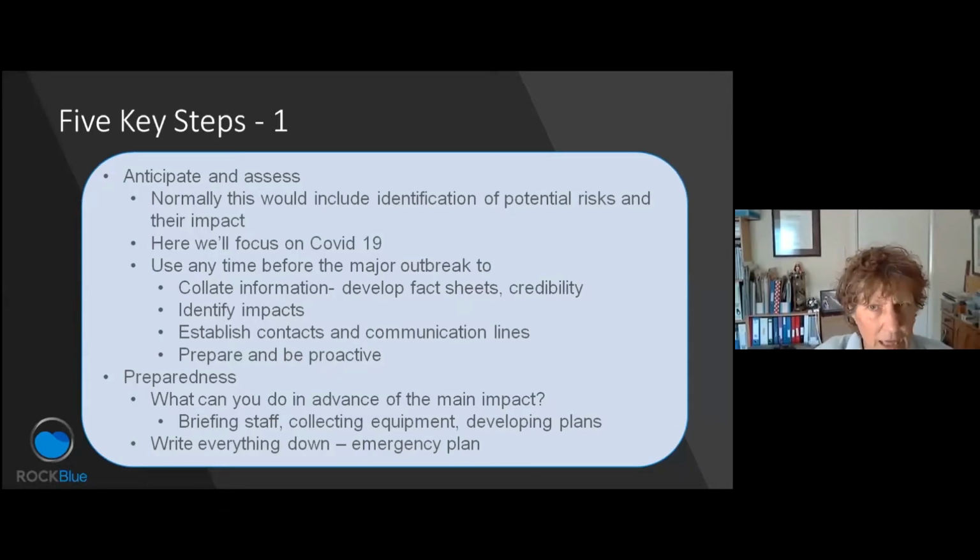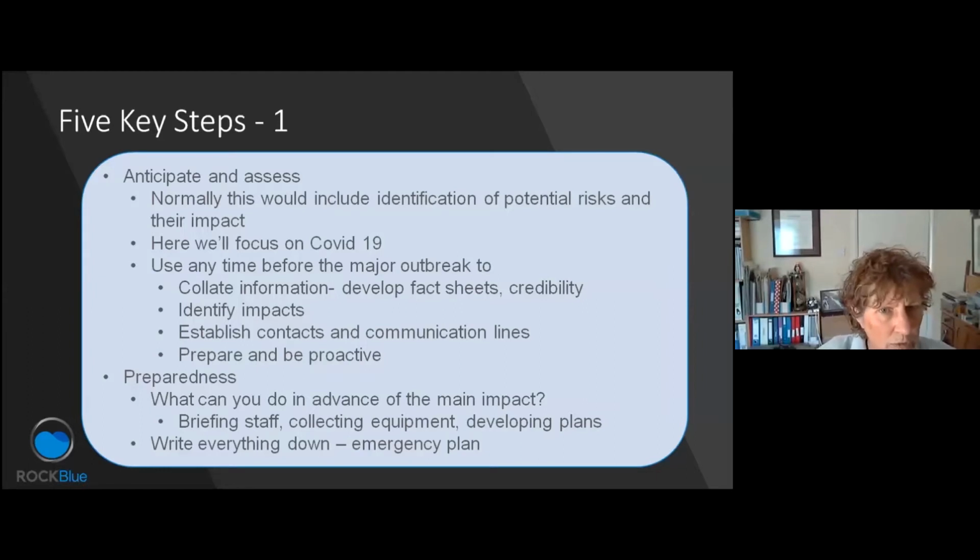Back in the UK, at the start of the pandemic, there were all sorts of ideas being circulated about what would protect you from COVID-19 contamination, and a lot of those were just untrue. So ensuring that you collect the correct information and identify how that will have an impact on your operations is really important.